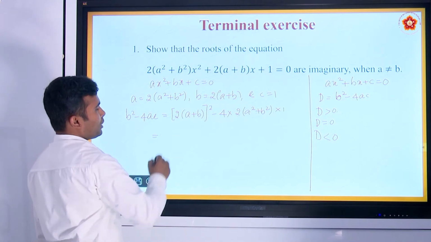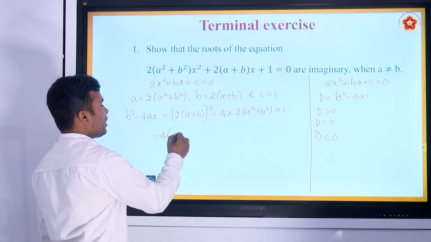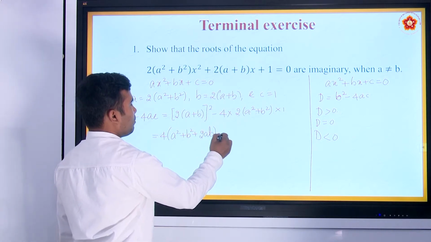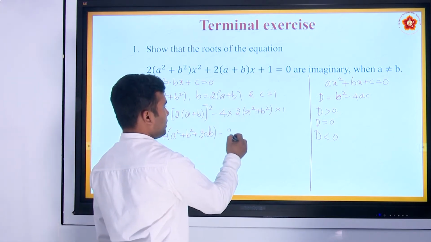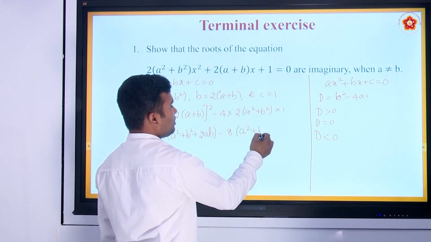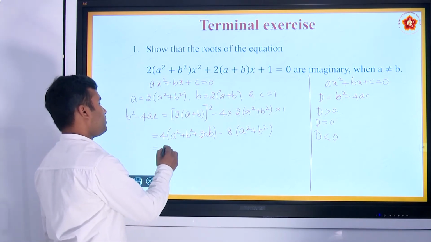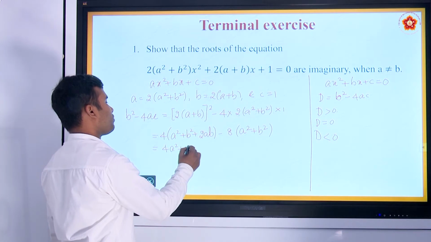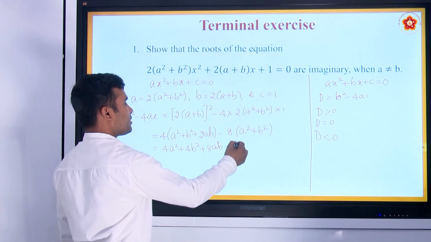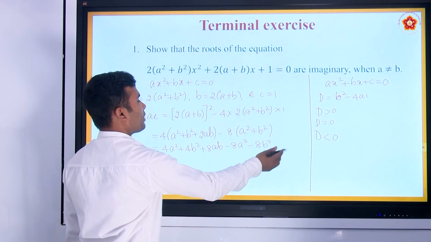2 into a plus b whole square is 4 into a square plus b square plus 2ab, minus 4 into 2 is 8, into 1, is 8 times a square plus b square. Multiplying this out, it will be 4a square plus 4b square plus 8ab minus 8a square minus 8b square.